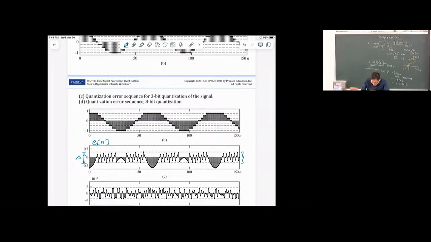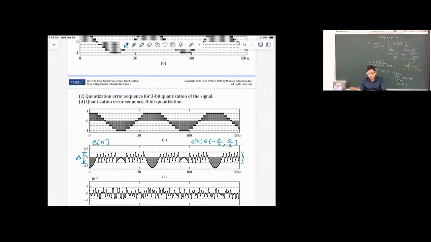When we round to an integer multiple of delta, the quantization error in principle should belong to the interval from minus delta divided by 2 to delta divided by 2. That's the quantization error range.